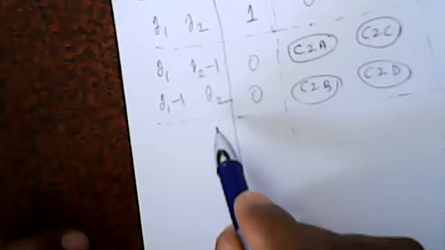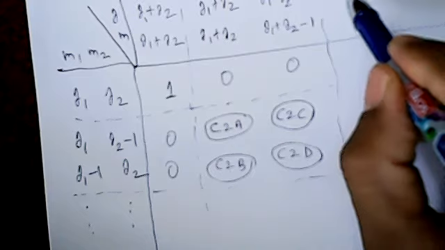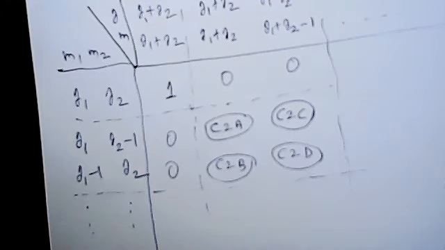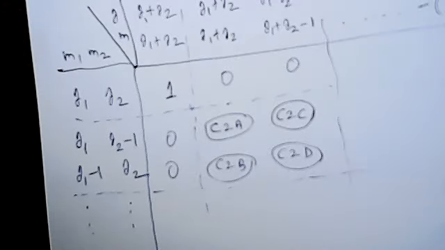The M1, M2 values will continue up to minus J1 and minus J2. That will be the lowest value of M1. Correspondingly, the J value goes up to J1 plus J2, and the M value goes to minus of J1 plus J2.